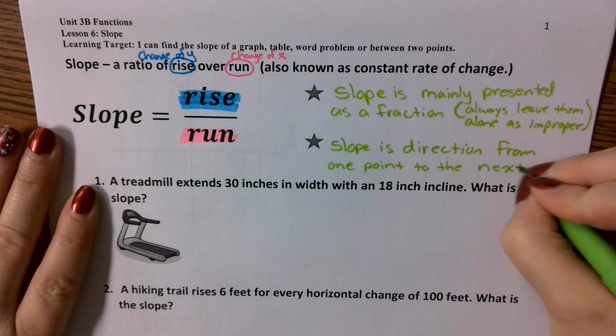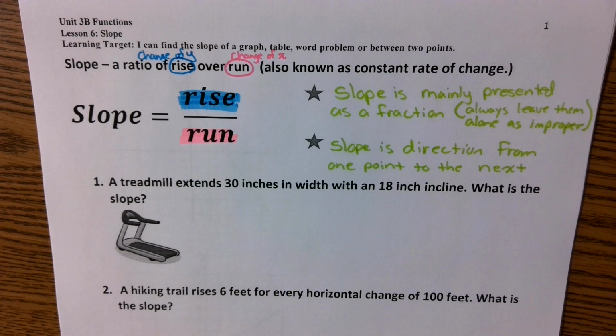It is telling you, hey, from point A to point B, you're going to go down 3 points and then go to the right 2 points. It's letting you know the direction that you're going to proceed in order to get from point A to point B.